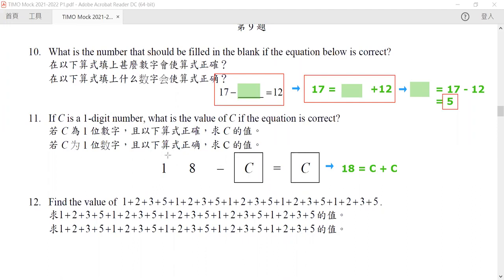And like this, because our 18 minus C is equal to C, our 18 is equal to C plus C. But this is also equal to 2C, which means that we can divide both sides by 2, and hence we get our answer, which is C is equal to 9. 9 plus 9 equals 18. Okay, so our answer is equal to 9.